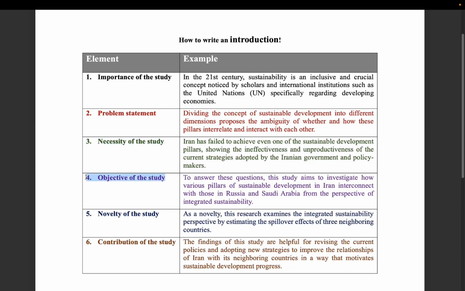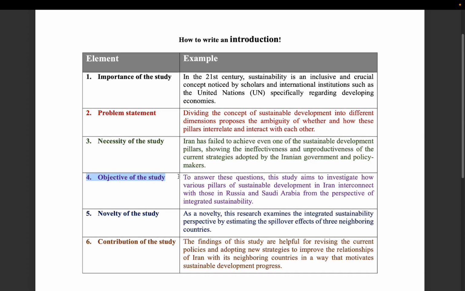After that, the introduction continues with the objective of the study. It tries to focus and express what the objective of the study is. And then it expresses the novelty of the study, how the study differs from the previous study of this topic.